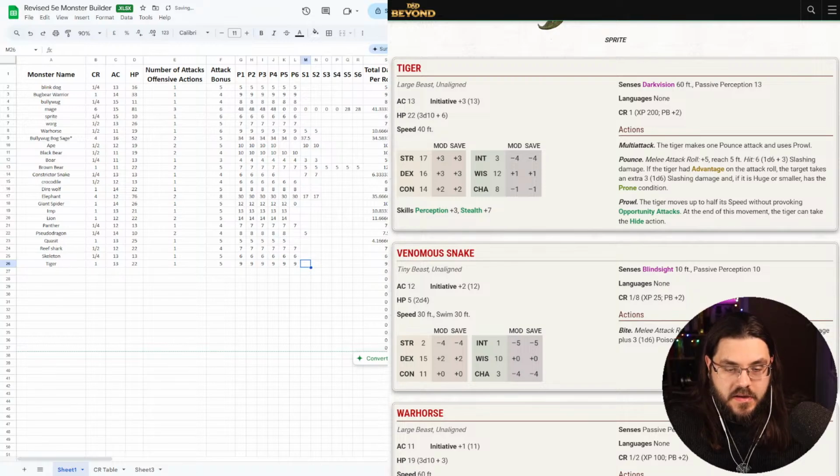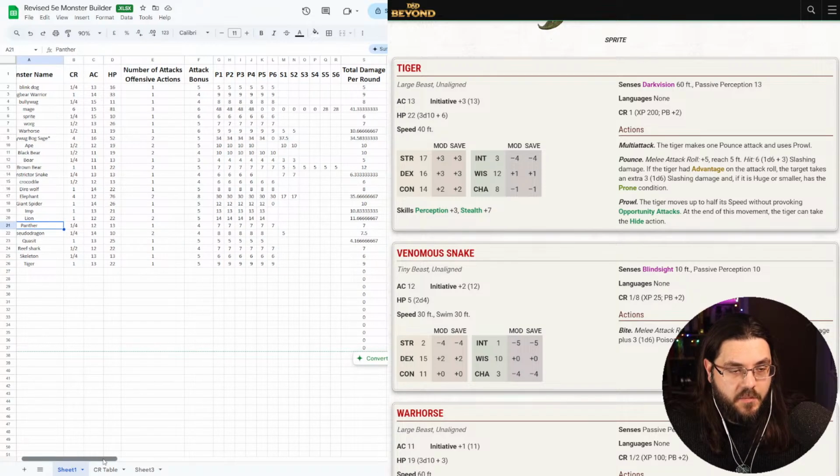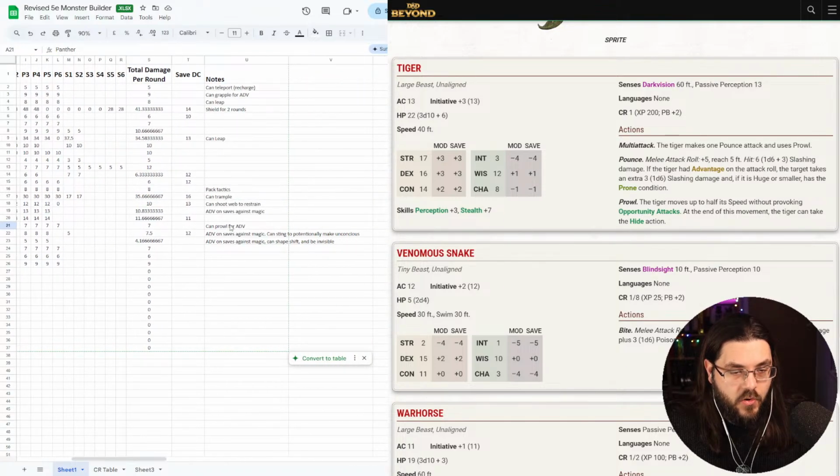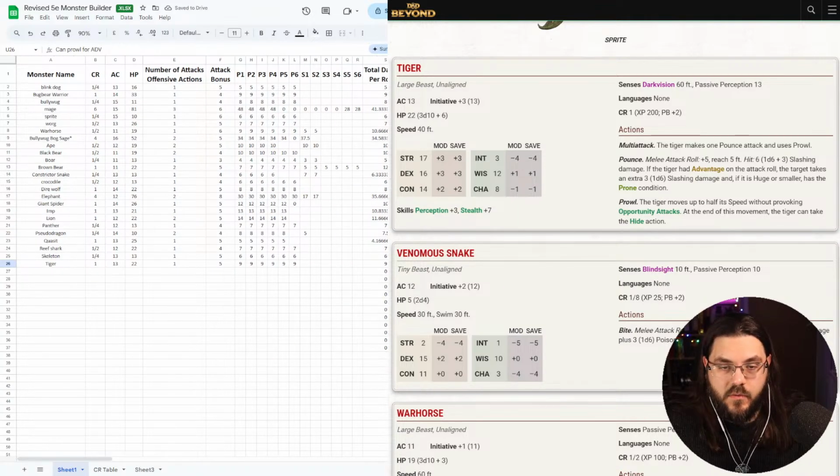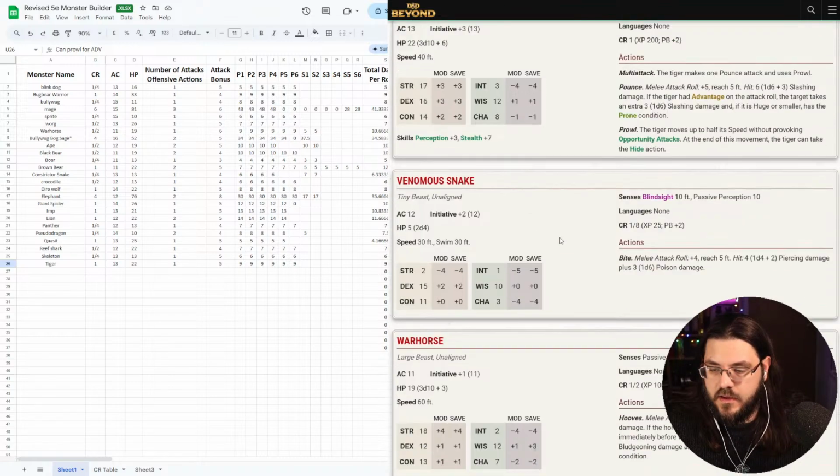And then Panther, so it's doing a little bit more than the Panther, and it's got a bit more in terms of its defensive capabilities as well, which isn't too bad for the Tiger.